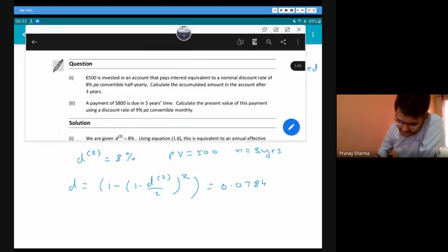Then we'll convert this D into I. So I'll say I is equal to D upon 1 minus D.